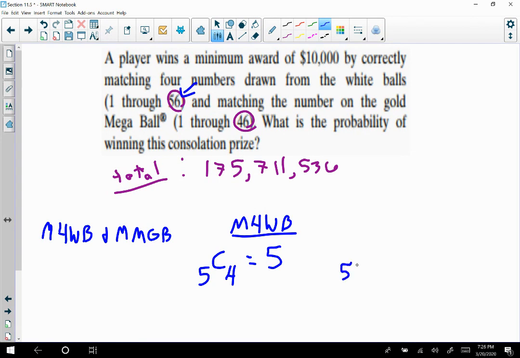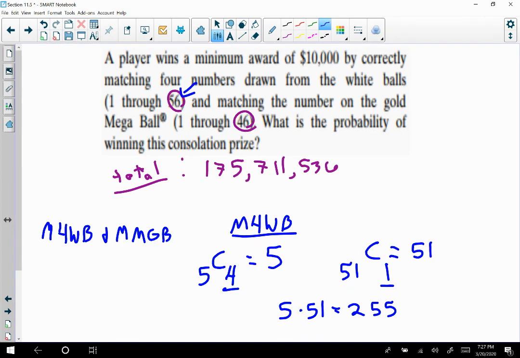That's 51. So for this last ball, we have 51 numbers to choose from. And again, how many of these incorrect ones do we need? Just one of them. Because we're going to match 4, and then this is going to be the number that's off. So 51 choose 1. That's going to be 51, according to the calculator. So all we do now is take 5 times 51, and that will give you, I believe, 255.